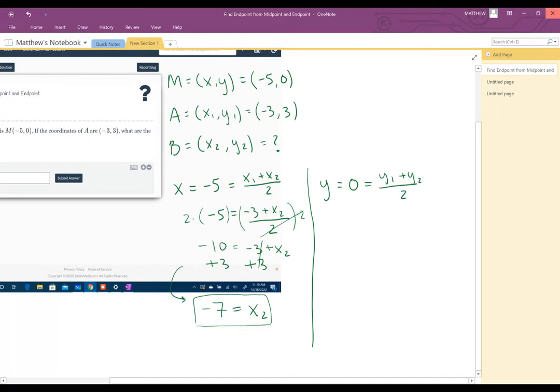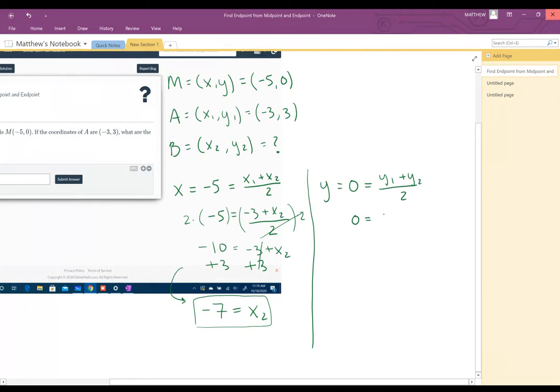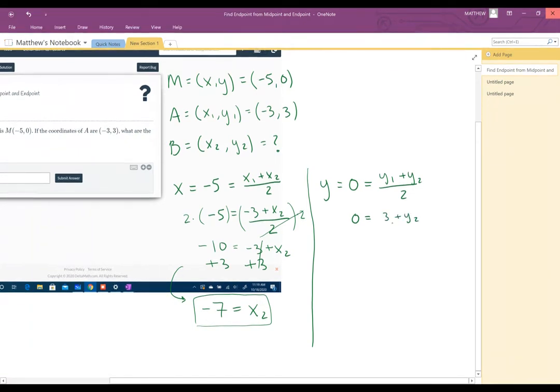And now I'm going to substitute in my values that I know. So that means that 0 is equal to 3 plus y2 divided by 2. And I know that y1 is 3 because that is how I set up my problem.